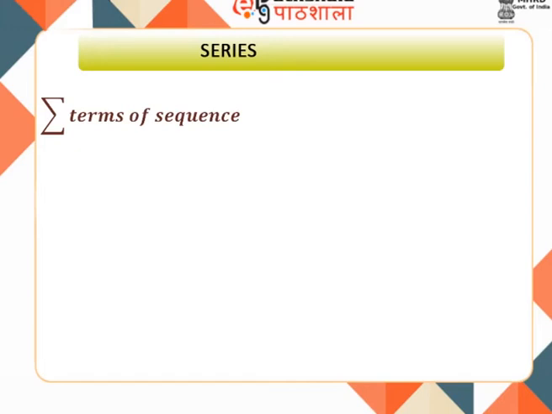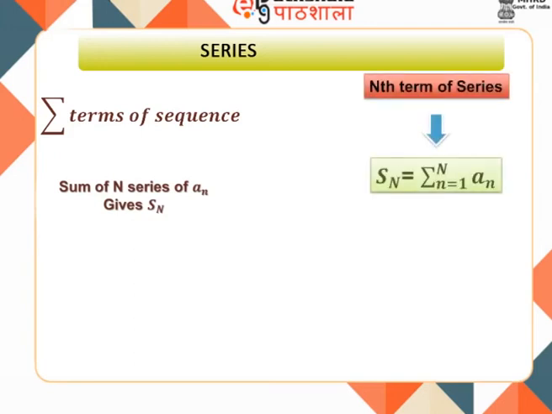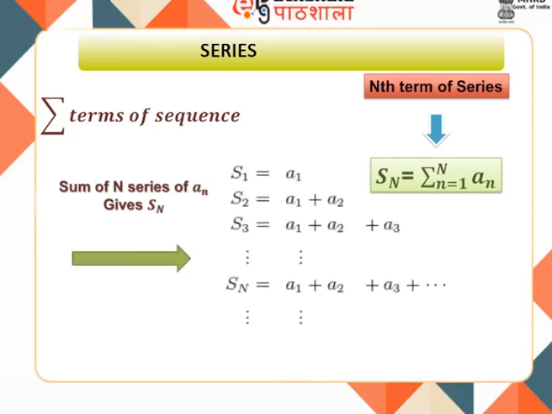Thus, the series of the sequence a_n results in another sequence S_n given by S_1 is equal to a_1, S_2 is equal to a_1 plus a_2, S_3 is equal to a_1 plus a_2 plus a_3, S_n is equal to a_1 plus a_2 plus a_3, and so on. We can also write the nth term of the series as S_n equal to summation of a_k where k goes from 1 to n.